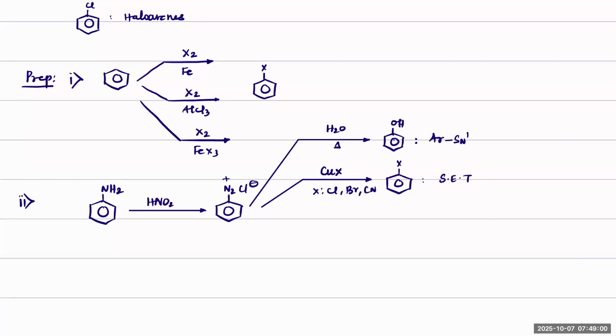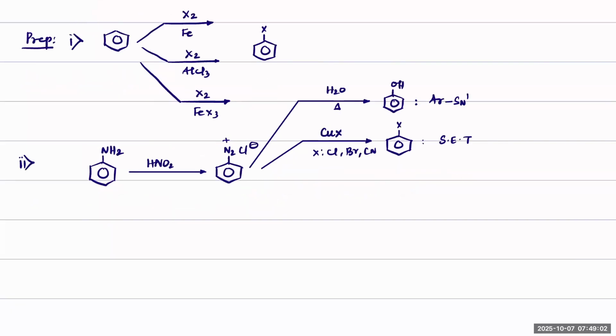Next, in the same way, if I take HF with BF3, first it will become some kind of a salt, like N2 plus and BF4 minus.